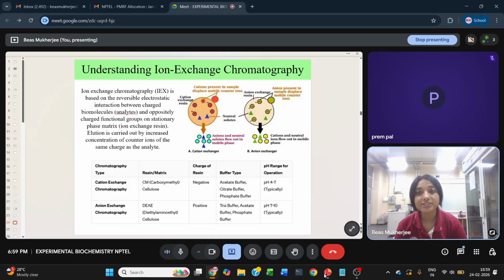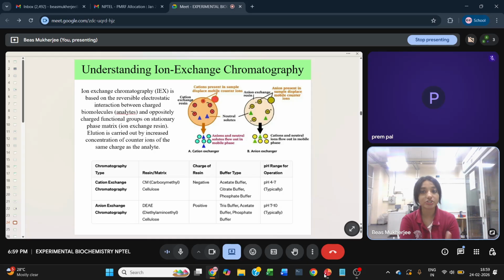So ion exchange chromatography is based on the reversible electrostatic interaction between charged biomolecules or analytes and oppositely charged functional groups on the stationary phase matrix, that is the ion exchange resin. Elution is carried out by increased concentration of the counter ions of the same charge as the analyte.